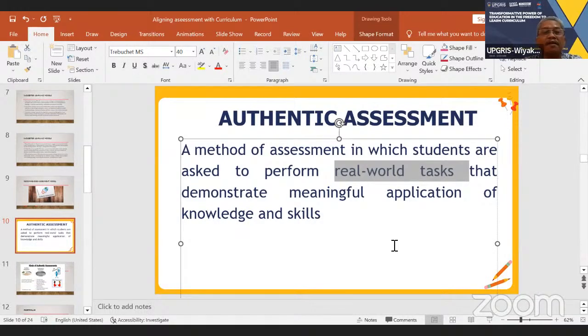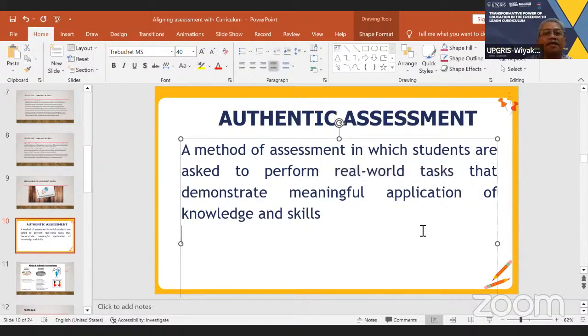That's why this is called authentic assessment, just because we are not only recognizing which answer is correct or not, but we produce something, probably by using our own words, by retelling, by giving arguments to what we read.